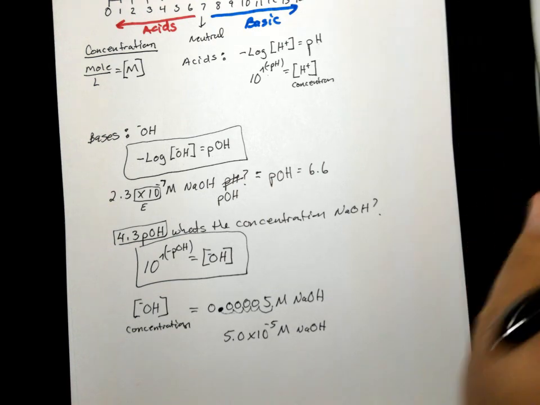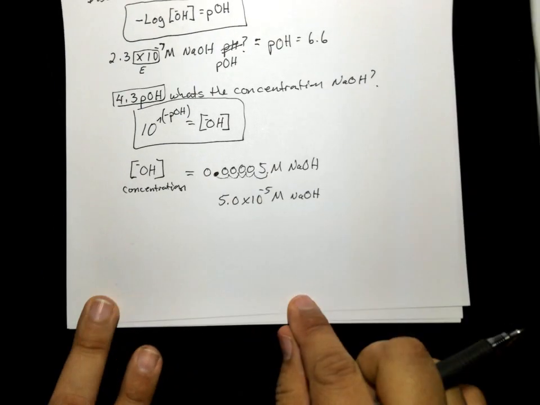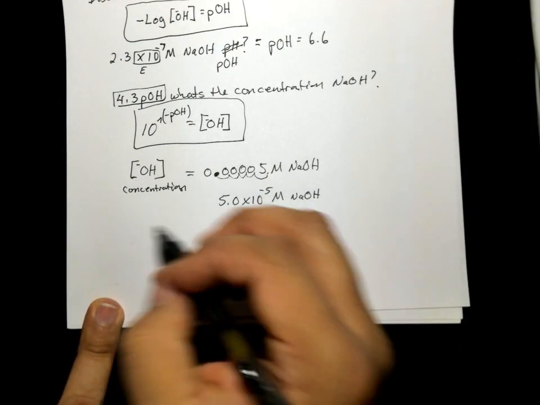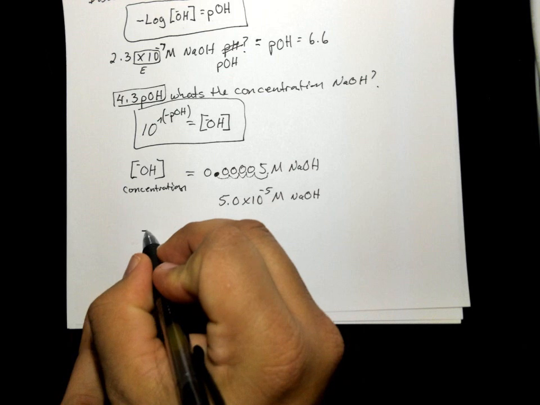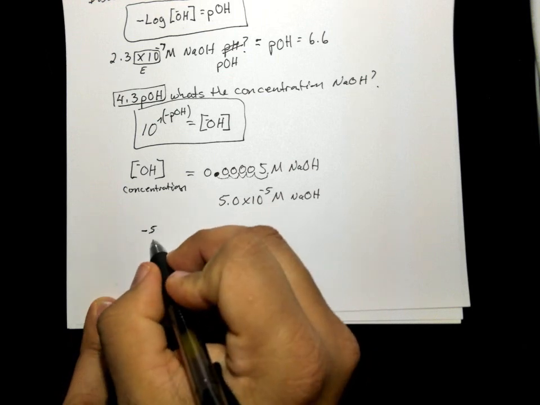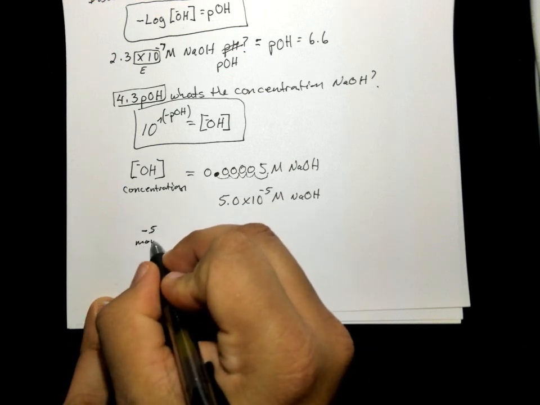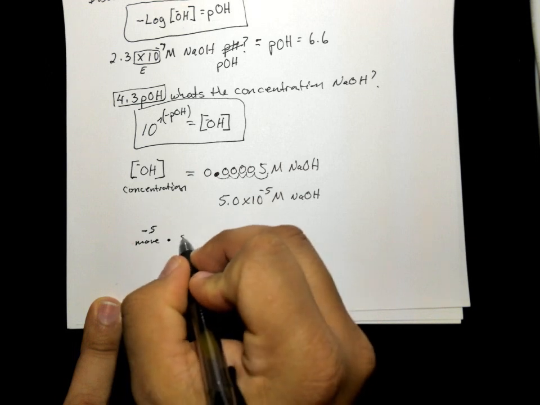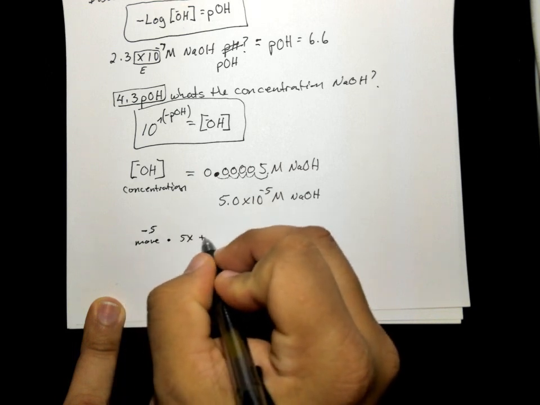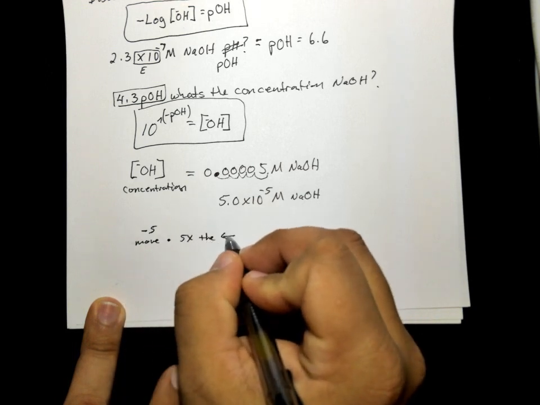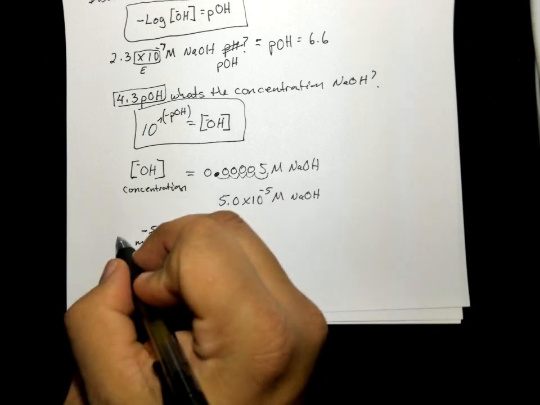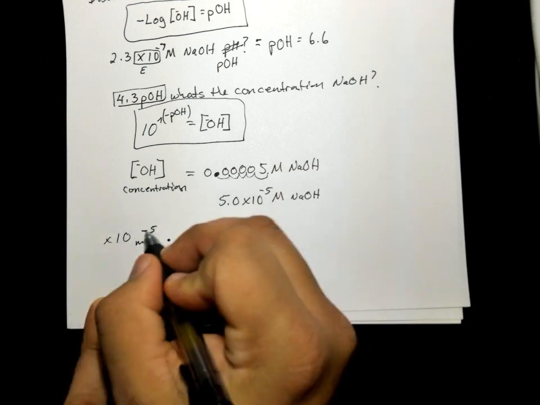Don't forget, guys, when you're dealing with scientific notation, let me go ahead and write this out. If your exponent is negative, that means you're going to move the decimal 5 times to the left. That's if you have whatever times 10 to the negative 5.